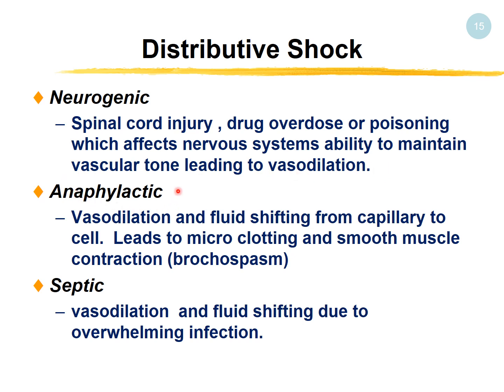Anaphylaxis: if something triggers anaphylaxis, again, a massive vasodilation and fluid shift from the capillary to the cells or the interstitial media. That leads to the microclotting mechanism that can cause disseminated intravascular coagulation, and smooth muscle contraction in the lung, so bronchospasm can happen. And the septic one is what we are going to talk about. The vasodilation and fluid shift is due to the overwhelming infection and perfusion.